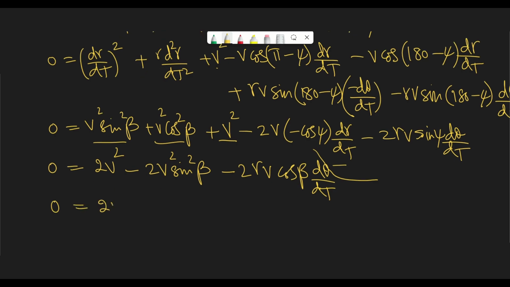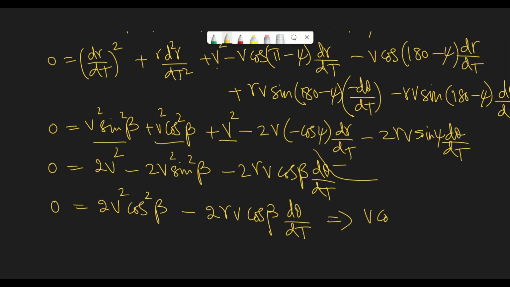Okay, so we have 0 is equal to 2V square cos square beta. V square minus V square sin square beta is V square cos square beta, minus 2 R V cos beta d theta over dt, which gives us V cos beta is equal to R d theta over dt.